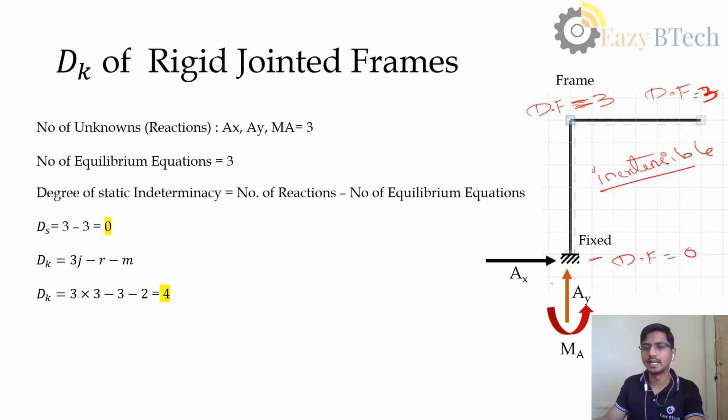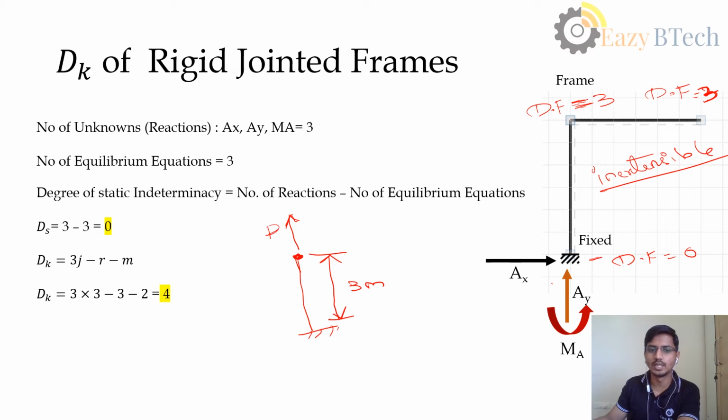What does inextensible mean? Let us take a vertical cantilever. This is fixed. It has a node. Initially, it has a height of 3 meters. Let us name the nodes 1 and 2.